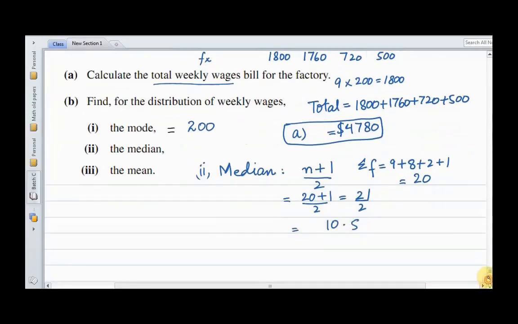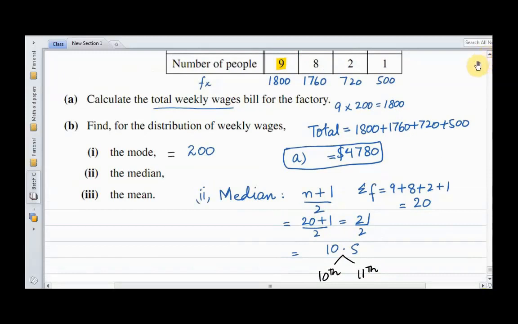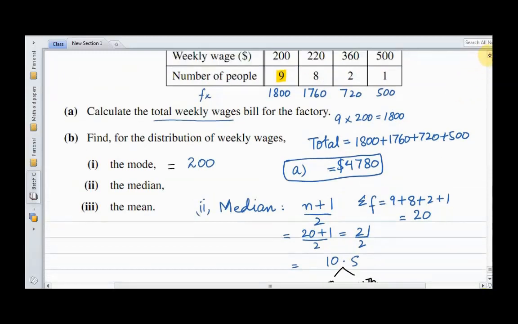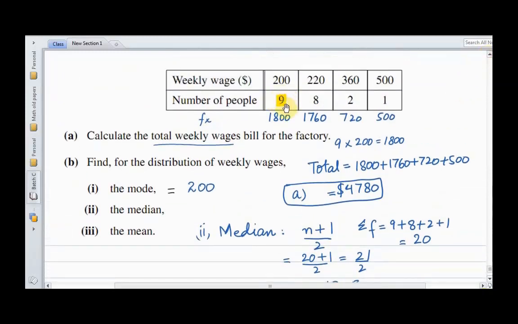Now 10.5 is not your median, it gives you the position. So the position we are looking for is the 10th and 11th position. You need to find this position in your frequency table. The first column represents 9. After 9 there are 8 more, like 10, 11, 12, 13, 14, 15, 16 and 17.